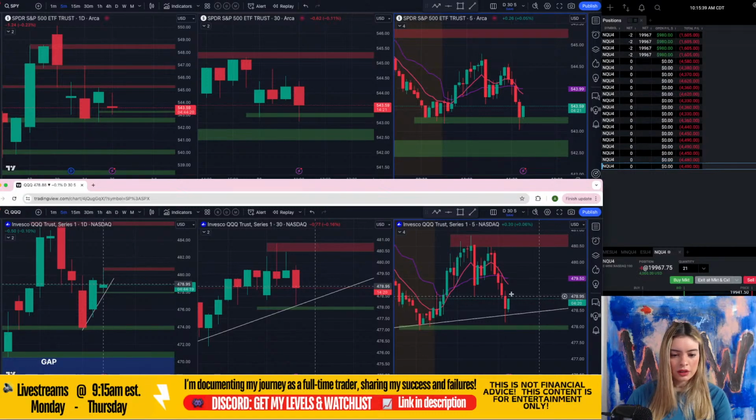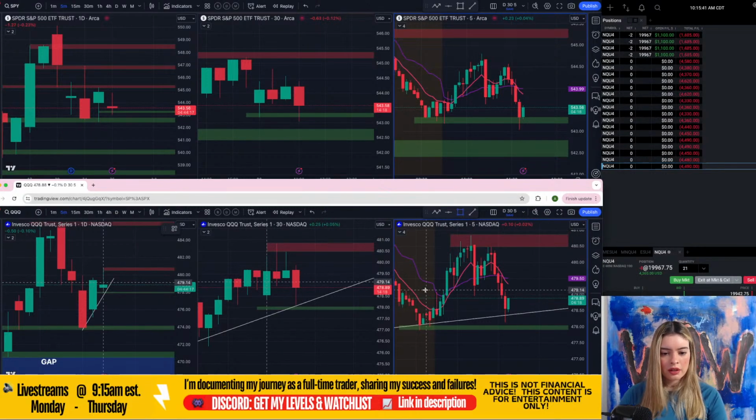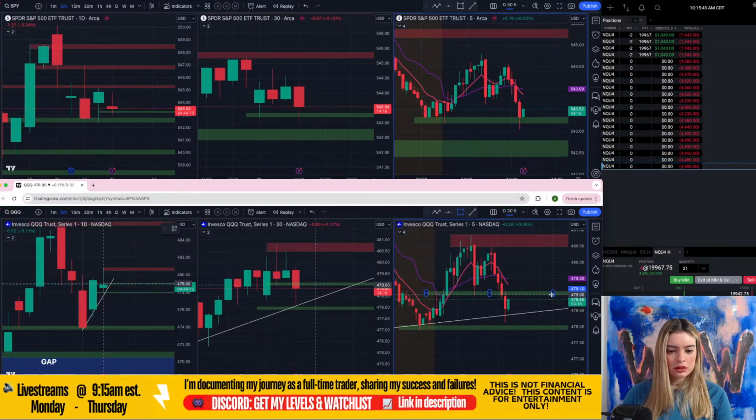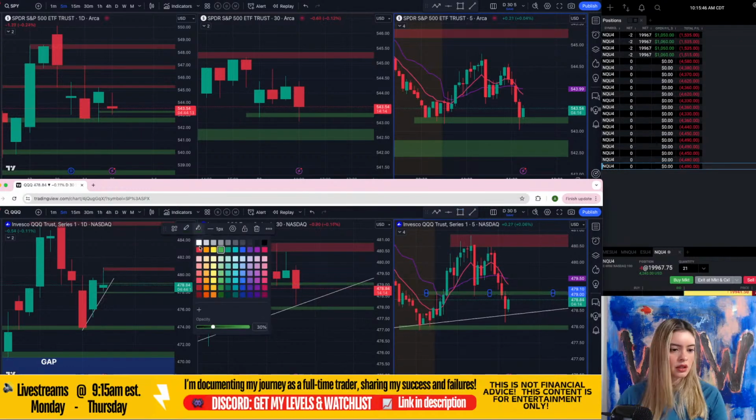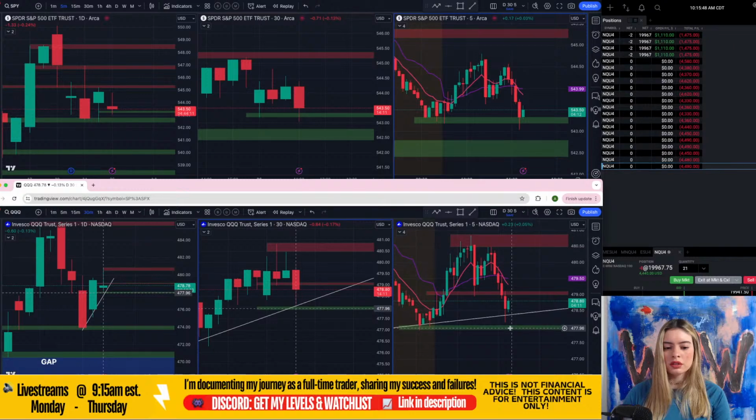I want to see the Q rejecting this middle level here, this intraday level here. And then I want to see it losing this pre-market low.